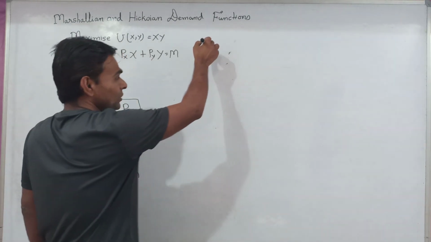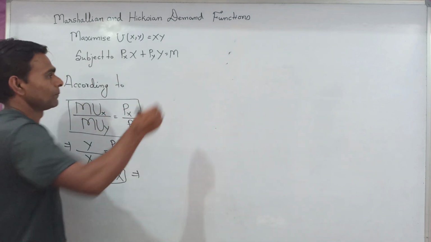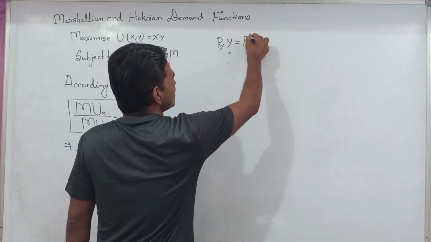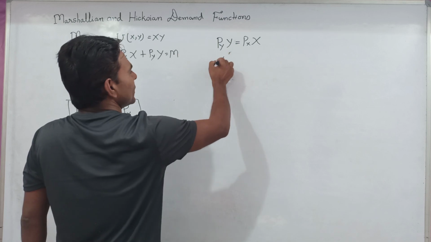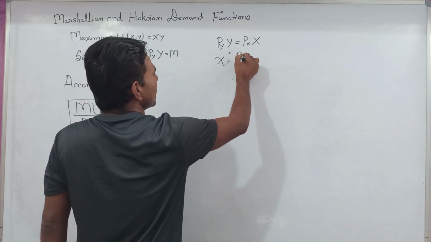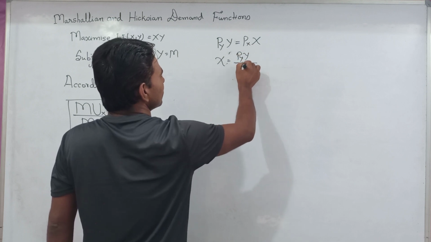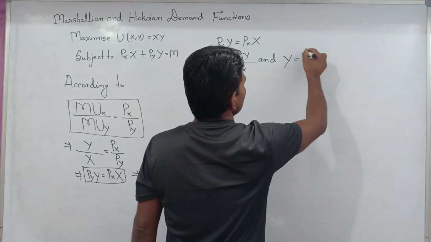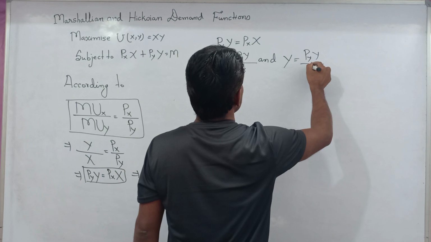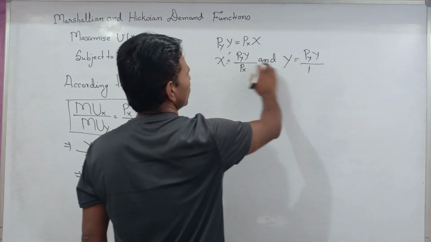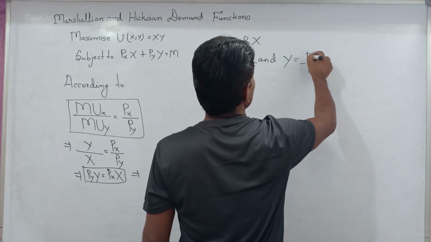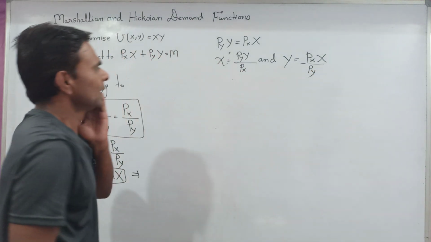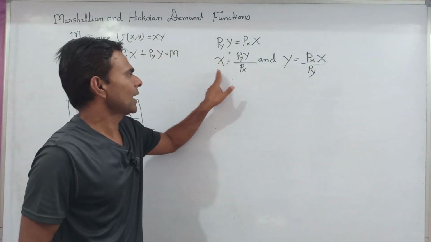Therefore, x equal to price of y into y by price of x, and y equal to price of x into x by price of y. Here we got the values of x and y.